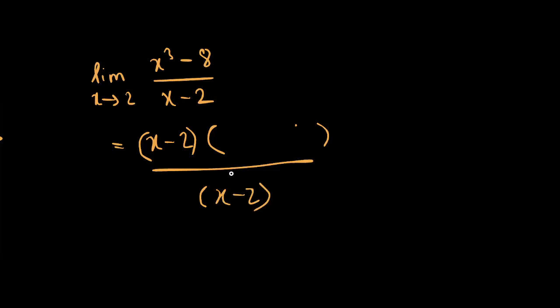So then we can see x minus 2 times what expression would give us x cubed minus 8. By factoring this out, we can see that if we get x squared plus 2x plus 4, if you evaluate this out, it would simplify to x cubed minus 8.